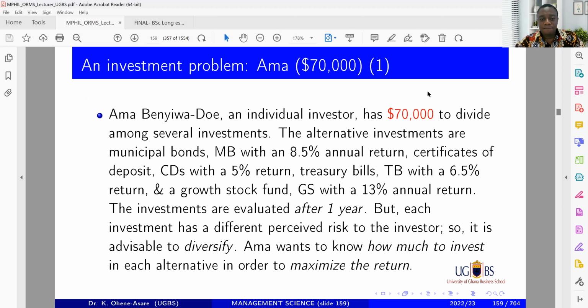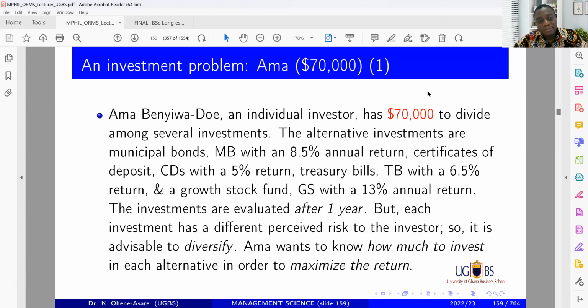Thank you, sir. Please, I have a question concerning the ZMax. When the question says that we want to maximize the return, is it maximizing the profits from the various investment alternatives? It's very difficult to relate because we are in the investment world.